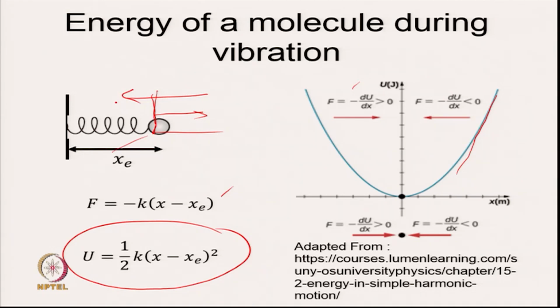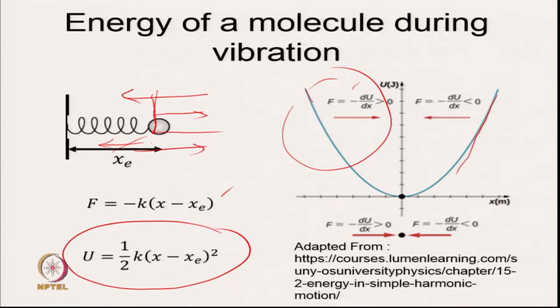Now, in the second case, you are compressing the whole system. Since displacement is towards the left-hand side, your displacement is negative, so you are dealing with this region. Here, since displacement is in this direction, your force will be in the opposite direction.